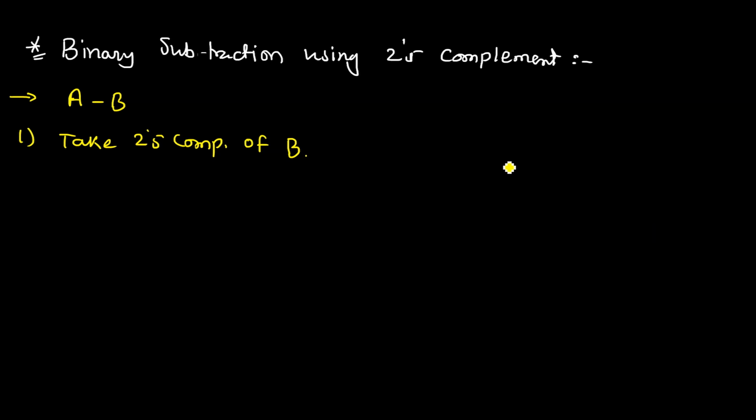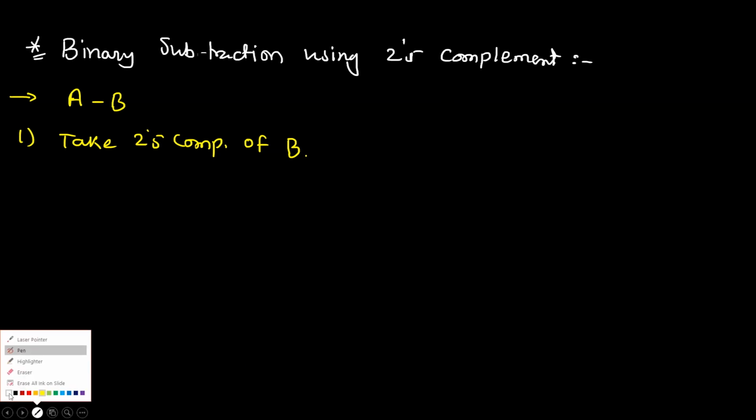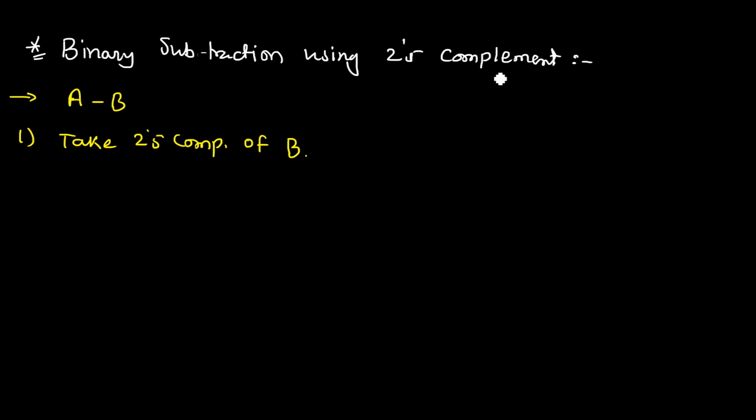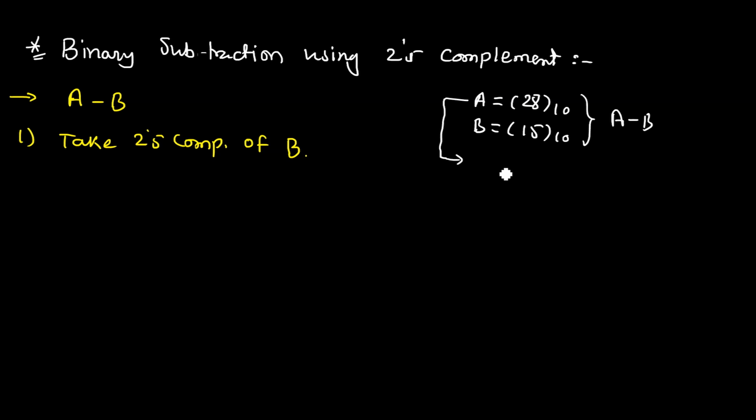So for example, if we have A equal to 28 in decimal and B equal to 15 in decimal, and we have to perform A minus B with the help of 6-bit 2's complement representation. First, we have to convert A and B into binary format.